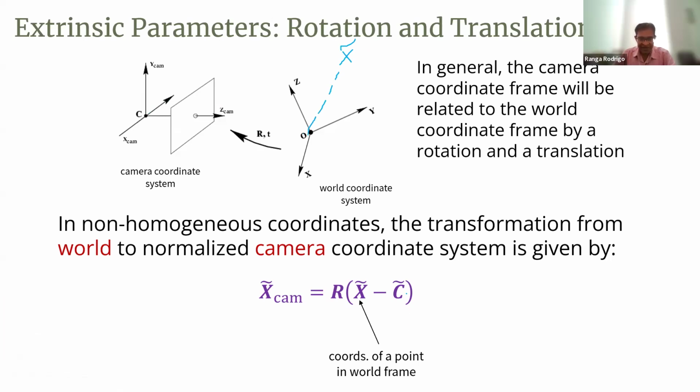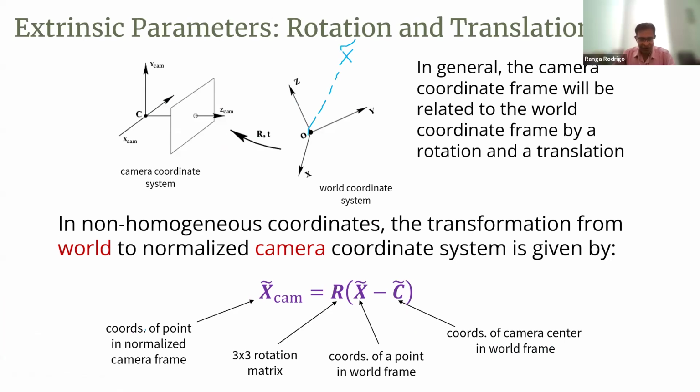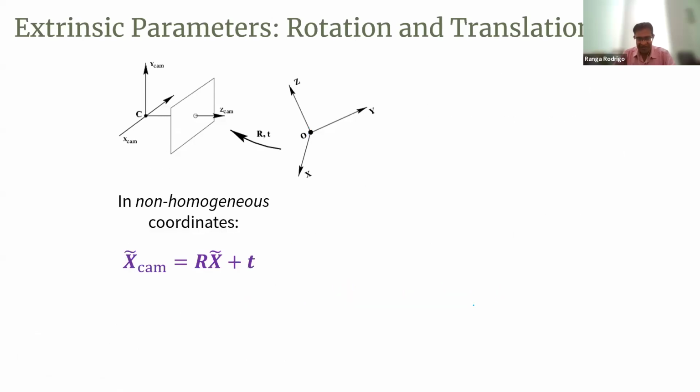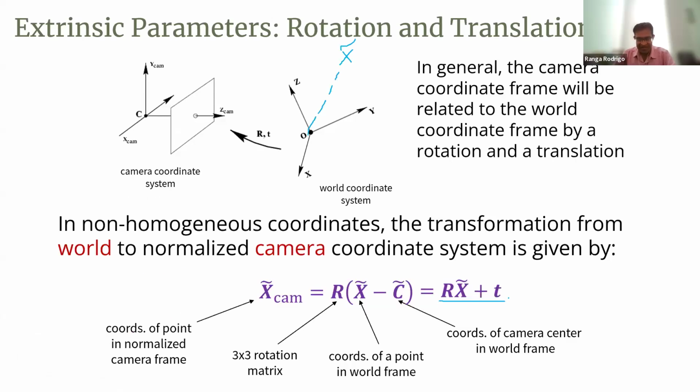So we have to subtract the camera center, the coordinates of the camera center in the world frame, and multiply by R, the 3D rotation matrix, giving the coordinates of the point in the normalized camera frame. So we can write that as RX plus T. Here T, as you can see, is minus RC.